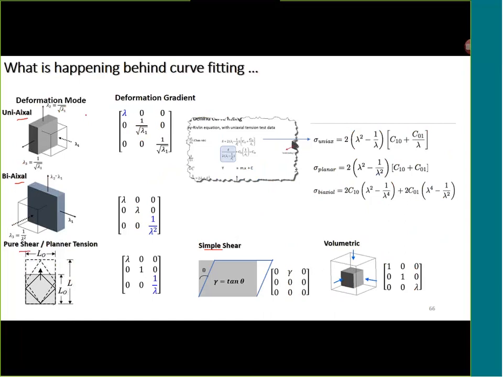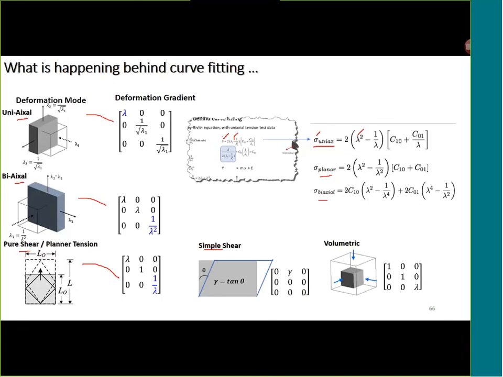So the deformation gradient for different deformation modes can be written like this, and like we derived the relation between the stress and the stretch in the previous equation, we can derive the relationship between the stress and the stretch for the uniaxial case, planar shear case, and biaxial case. Then all these three become three linear equations.